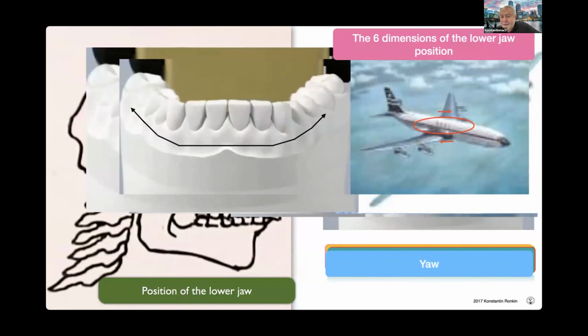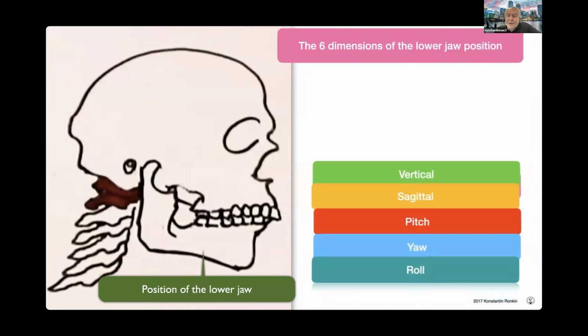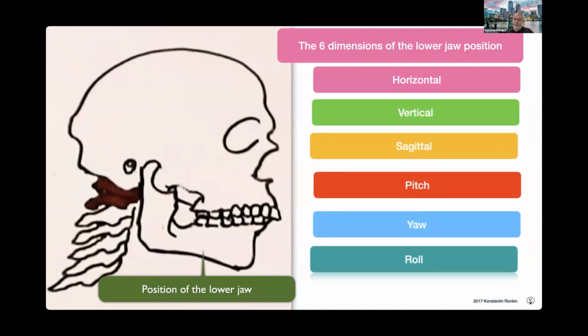It's 6 dimensions. And if we're talking about all these 6 dimensions, what method do we have to align our lower jaw to the right physiological position, on a neuromuscular trajectory, on a physiological trajectory of the movement of the jaw in these 6 dimensions?